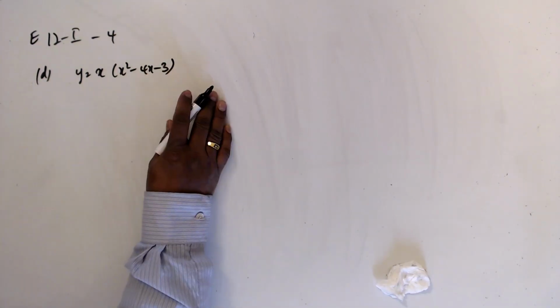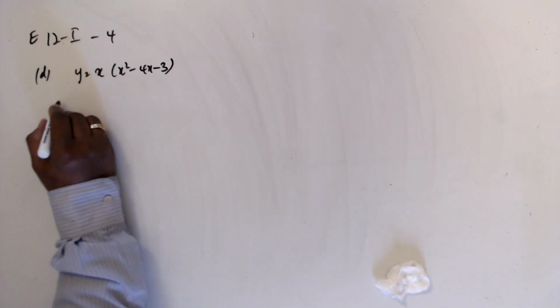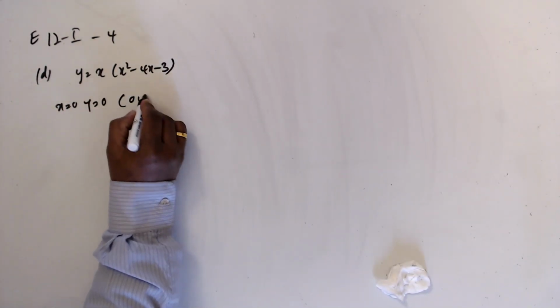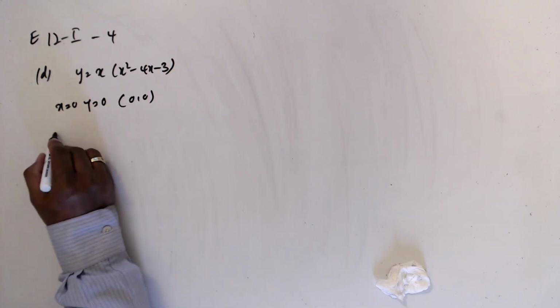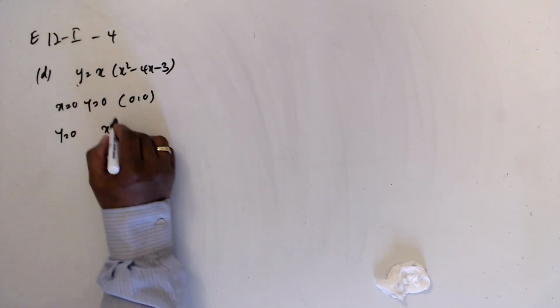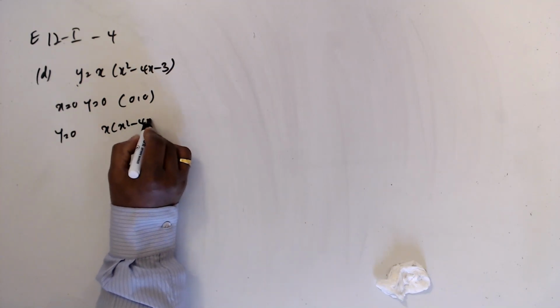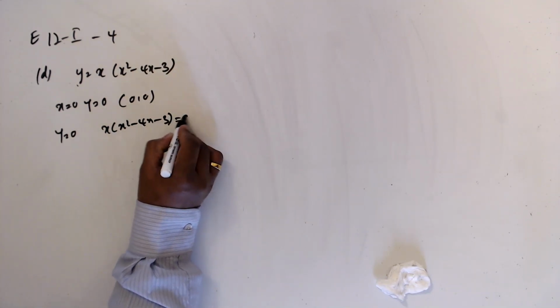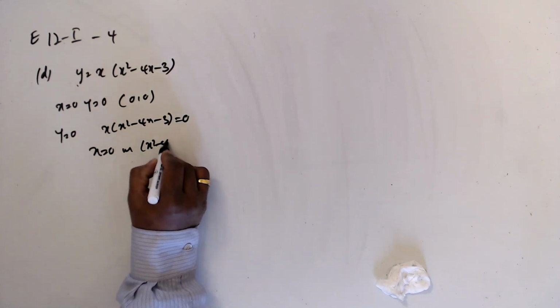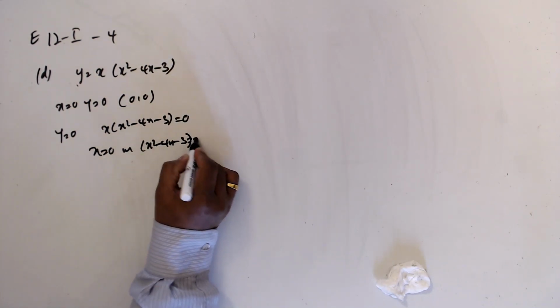Part D. So in here, when x equals 0, y equals 0, this is going through (0, 0). Then y equals 0: x times (x squared minus 4x minus 3) equals 0. x equals 0 or x squared minus 4x minus 3 equals 0.